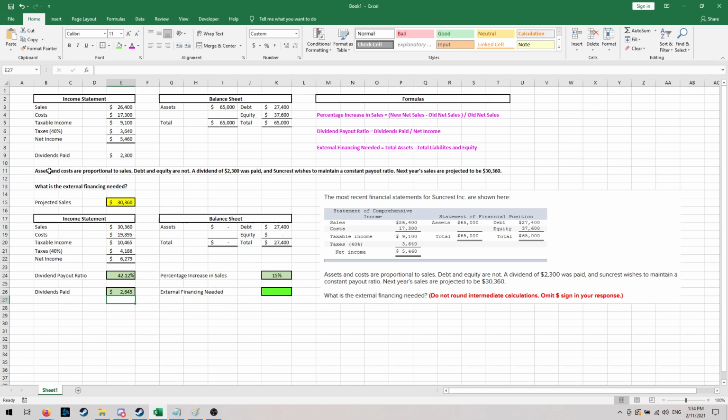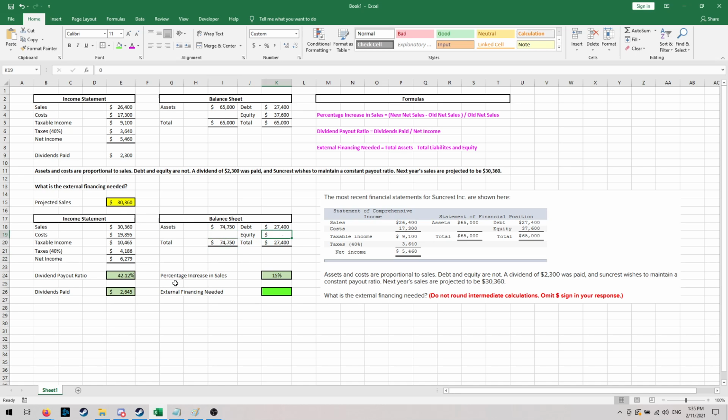Assets, like costs, are going to be proportional to sales. So if we sell 15% more, to support those sales, we're going to need 15% more assets. We can press equals, and multiply our total assets times 1.15. And we're going to get 7,400,750.